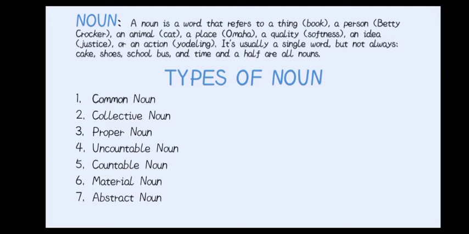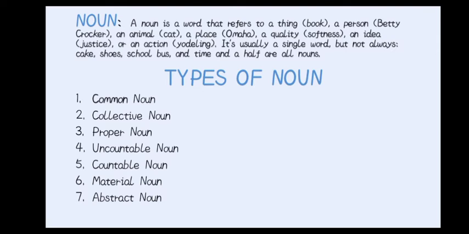When we are talking about a thing, it means any article or any object. It can be anything, a pen, a pencil, a paper, or any object that you can see. Person is basically when we talk about a human being, it can be any name, that is Dia, Rian, Alia, any name we can use.